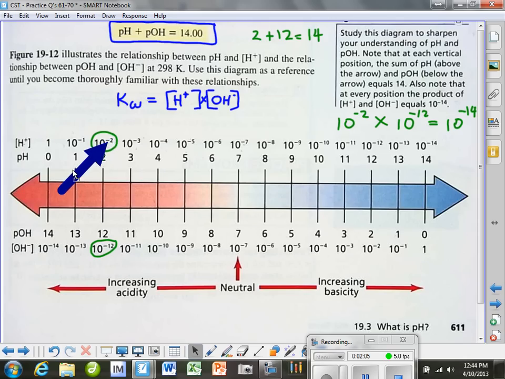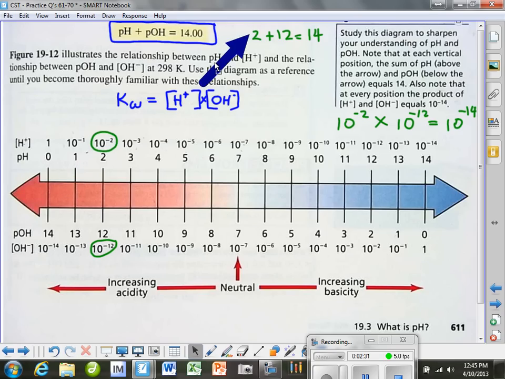The log of 10 to the minus 2 is minus 2. So the log is just the exponent in a base 10 system. The exponent here is minus 2, so when I take the minus log, that is minus times minus 2, which makes it a plus.